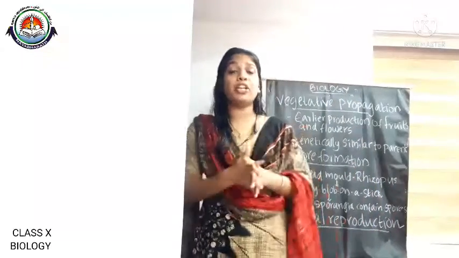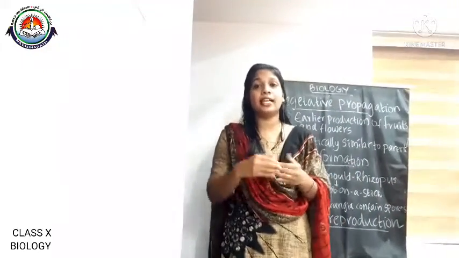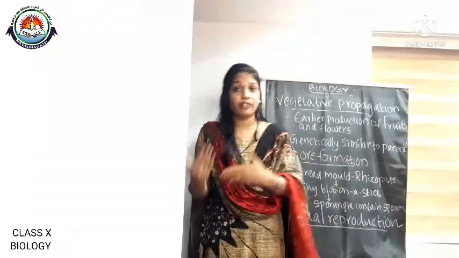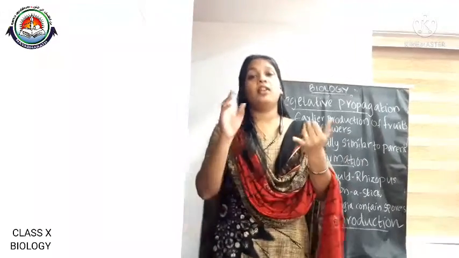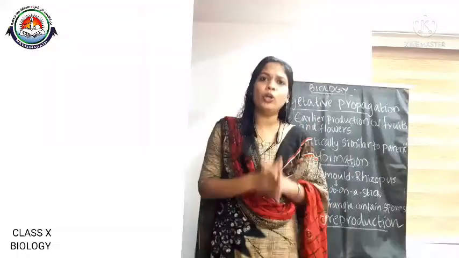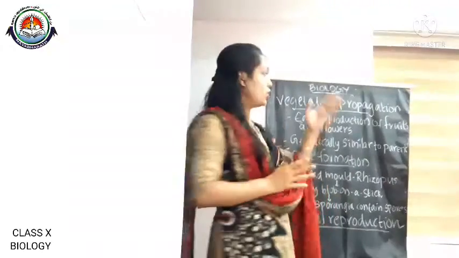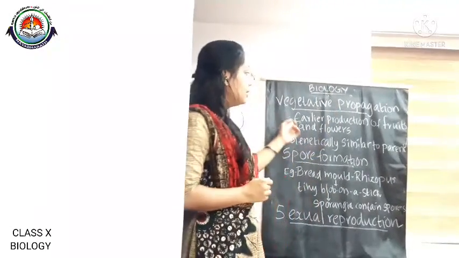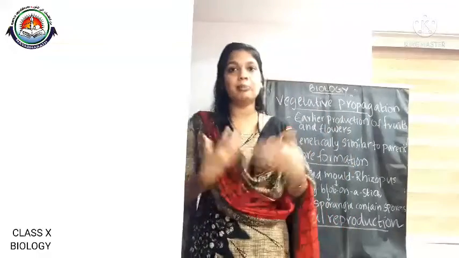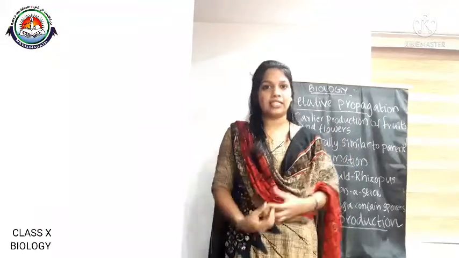Okay, and vegetative propagation includes different methods like budding, layering, grafting that can be done in different plants like sugarcane, grapes, then roses, etc. The most important advantages of vegetative propagation are earlier production of fruits and flowers. We know that normally plants are raised from their seeds, right?